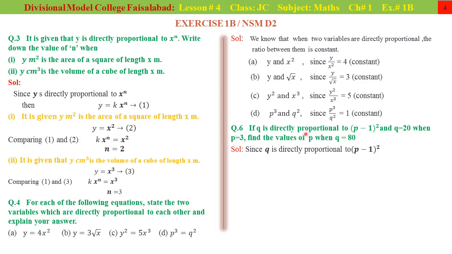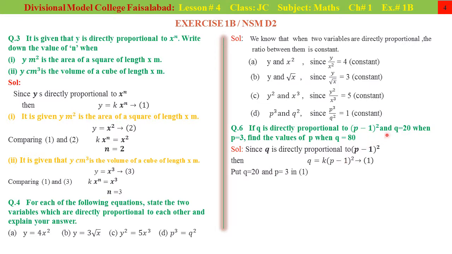Because in this case you are told q is directly proportional to p minus 1 whole square. So this quantity is directly proportional to this quantity. So we will write this statement in mathematical form as q is equal to k times p minus 1 whole square. This is your equation number 1.